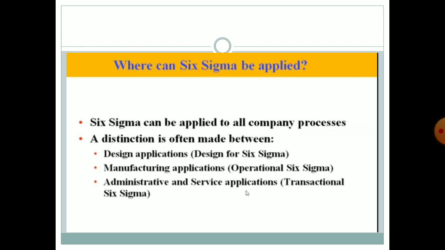Or in manufacturing, the normal process, you can also operate Six Sigma, where the objective is to make continuous improvement in the process. Or we can apply it in an administrative or service application, like in an HRD department, where you have to evaluate the performance of employees and operators at different levels. In this also we can implement Six Sigma techniques.